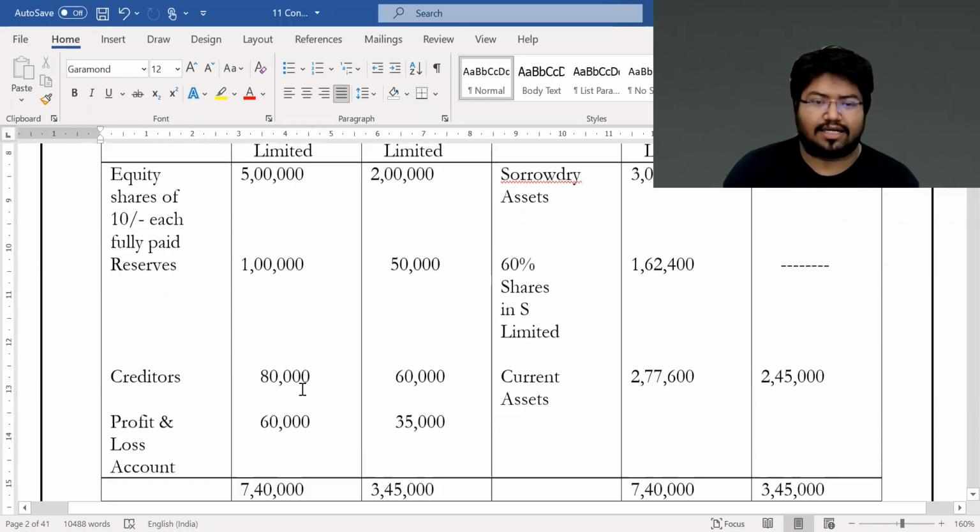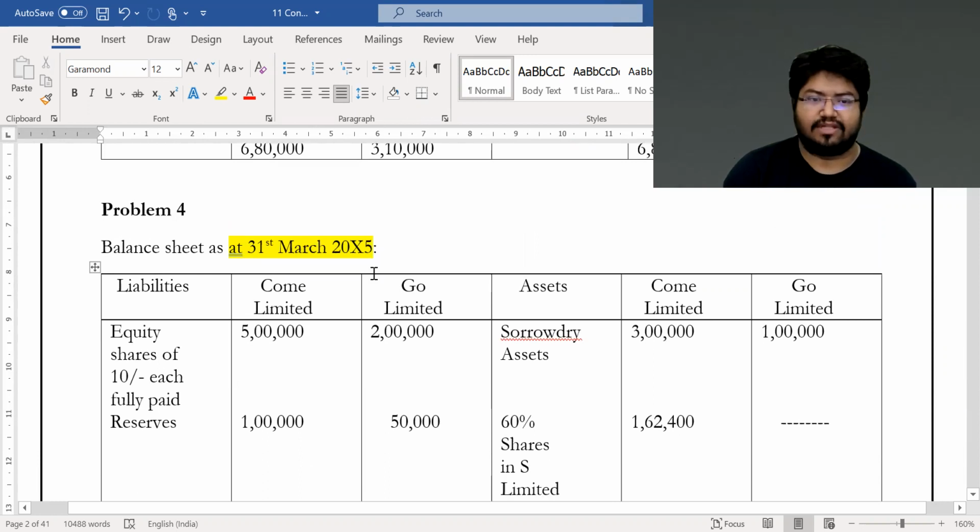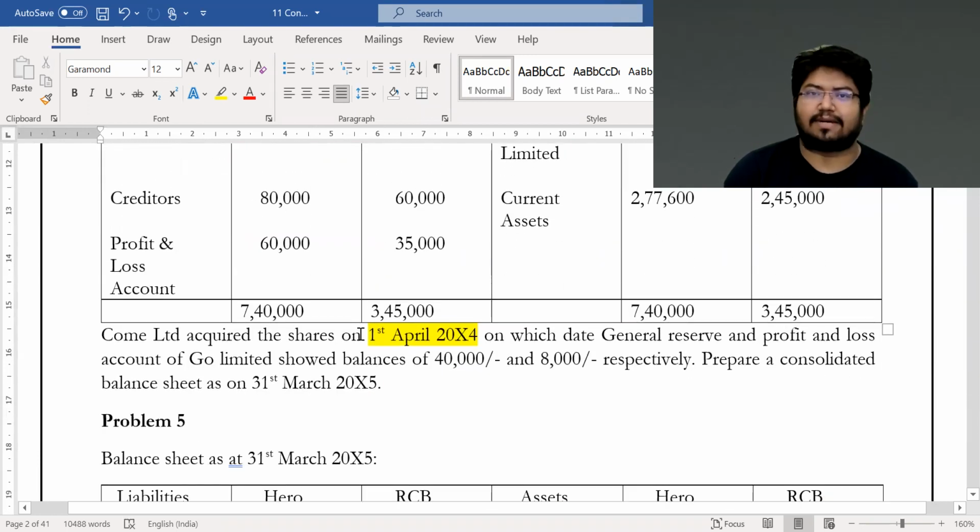So what we need to understand is, while doing net worth analysis table, this part is very important. My date of consolidation is 31st March 25, but my date of control is not 31st March 25, it is 1st of April 24. And he has also stated the balances of general reserve and P&L on this particular date, that is 1st April 24.